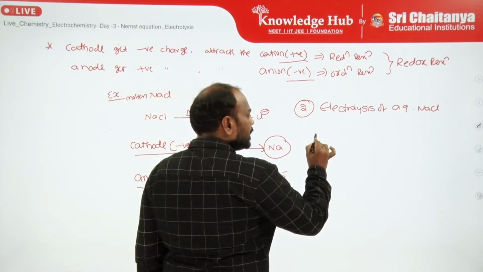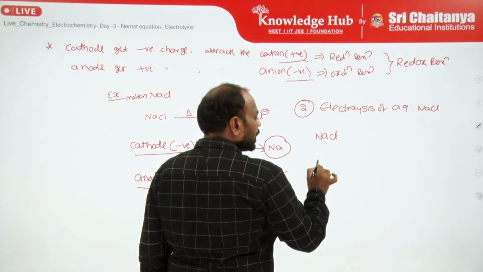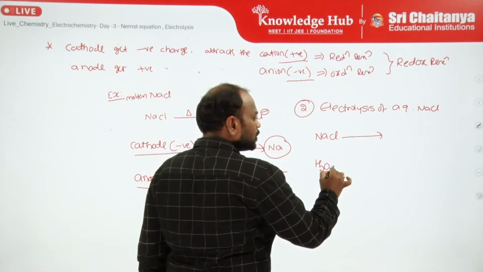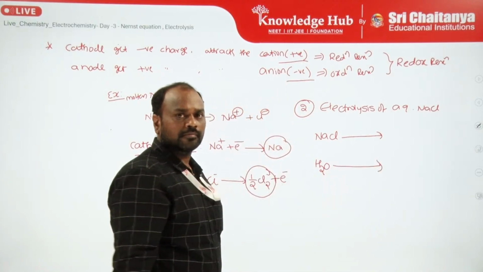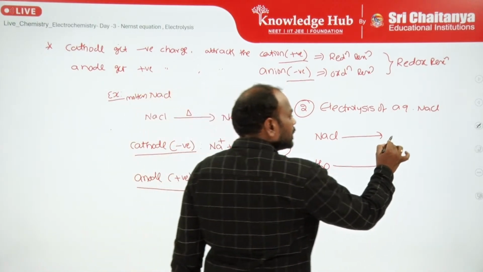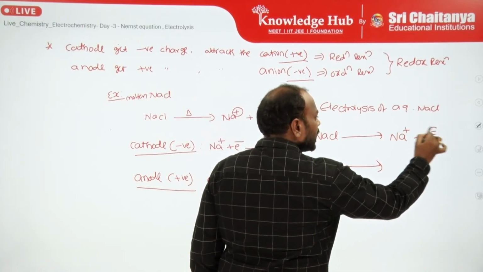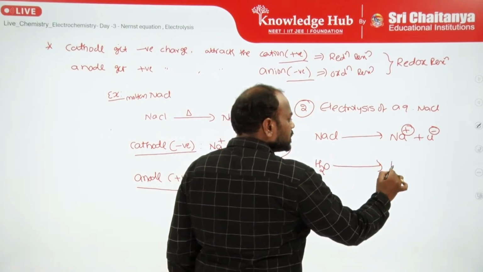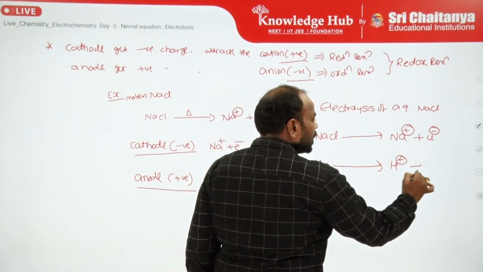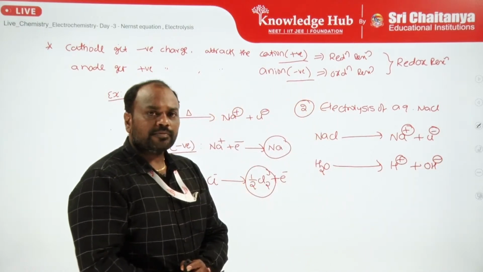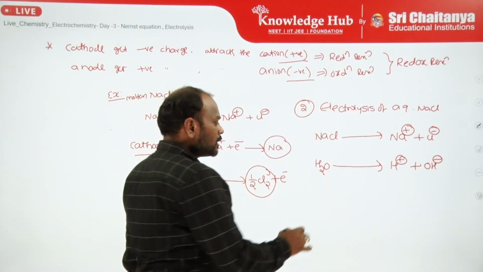When you pass the current through the electrolytic solution, what happens here? Sodium chloride is split into Na⁺ and Cl⁻. Similarly, water is dissociated into H⁺ and OH⁻. So we get two cations and two anions.